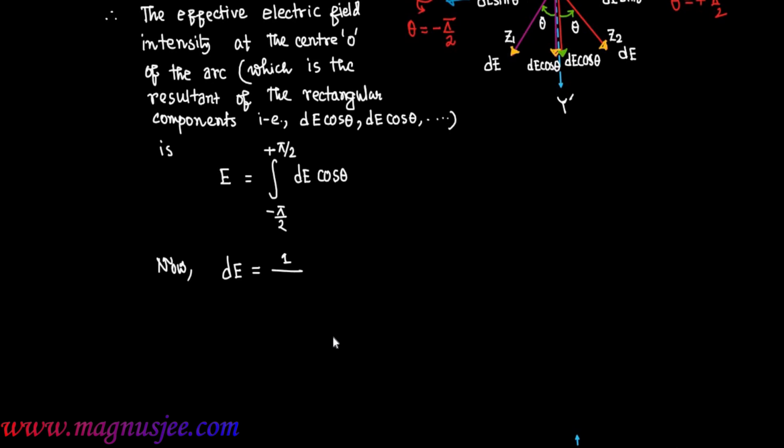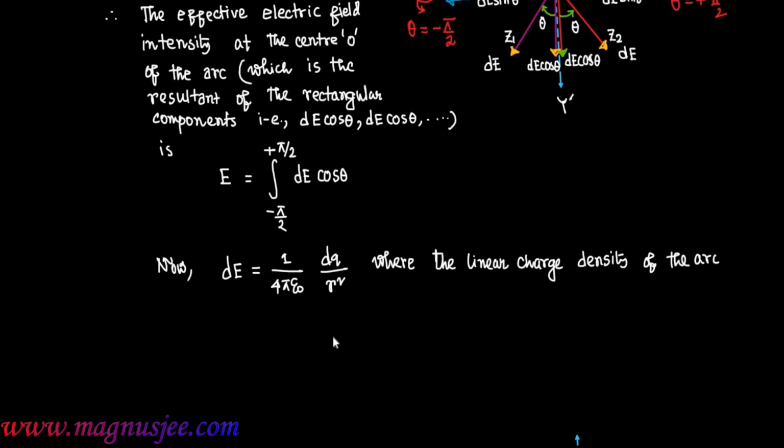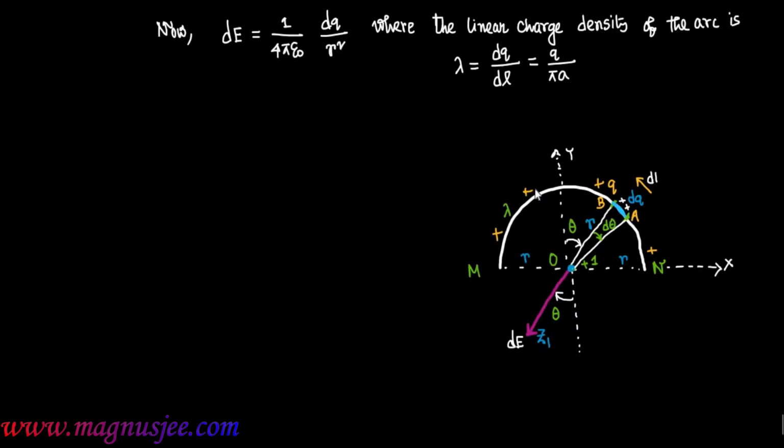dE was the expression of electric field intensity due to a small portion. dE equals 1/(4πε0) dq/r², where the linear charge density of the semicircular arc is given by λ equals dq/dl, divided by total charge q/πa, where πa is the length of the semicircular arc.